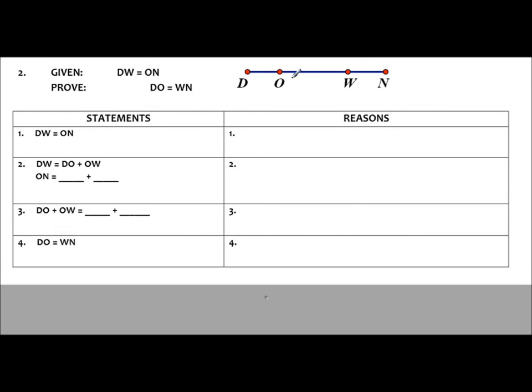Okay, for the next one, we have DW, and I'm just going to mark DW here as congruent to ON. So those are congruent. And we're trying to prove that DO is equal to WN. So DW equals ON, that's always our given.